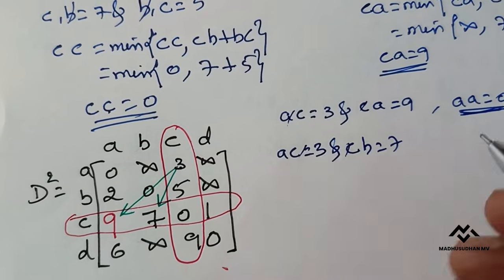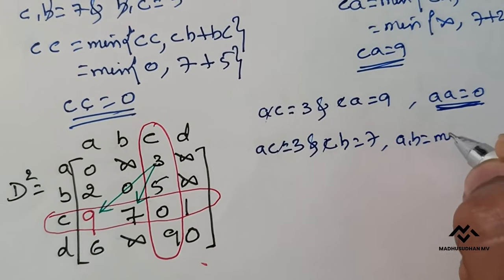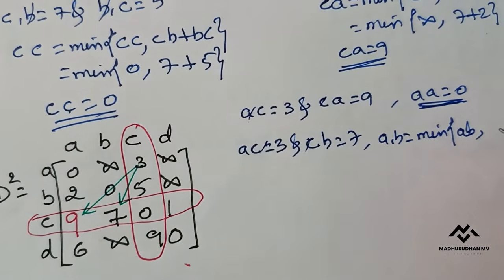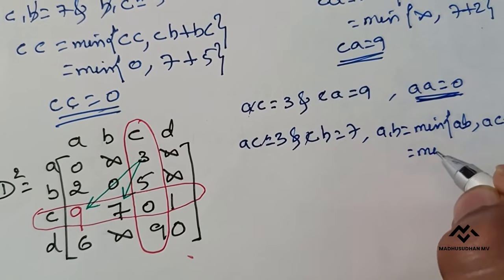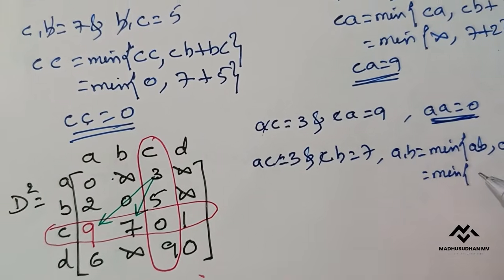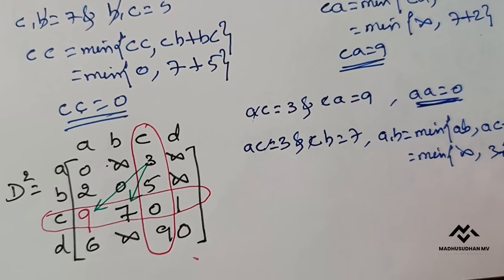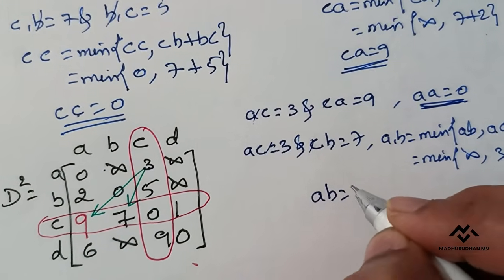So C gets cancelled, so A comma B. A comma B is equal to the minimum of AB comma this path AC plus CB. So this is nothing but the minimum of AB, which previously A to B is infinity, comma A to C 3 and 7. 3 plus 7, so 10. So I got new value AB is equal to 10.